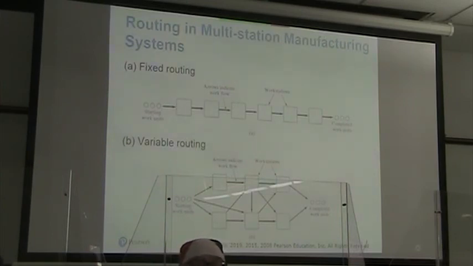All right, so here we have some illustrations for fixed routing. We have starting work units. They go to the first station, they go to the second station, and so on down the line until we have completed work units.